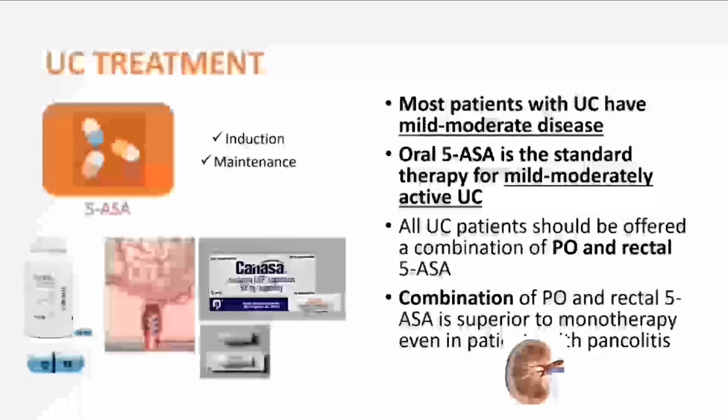And this can get really complex, but what is important that residents know is that you can use 5-ASA for induction and maintenance, and a combination of both oral and rectal 5-ASA is superior to just monotherapy. So you can have a patient on daily, for example, Apriso, which is a mesalamine product, and at the same time have the patient use suppositories maybe 3 times a week. What is important for 5-ASA is to monitor for renal disease.